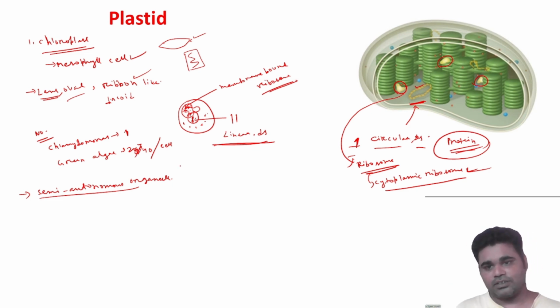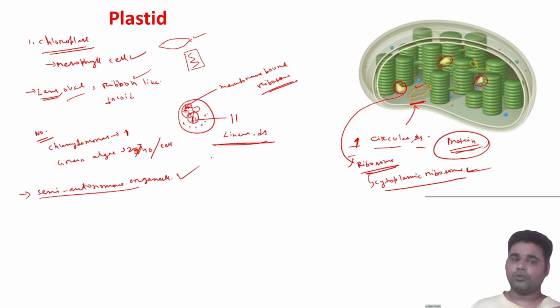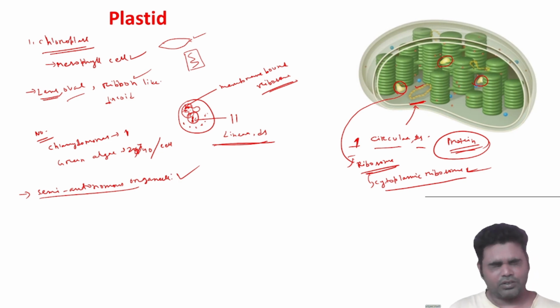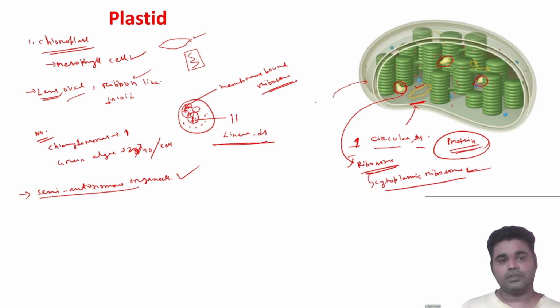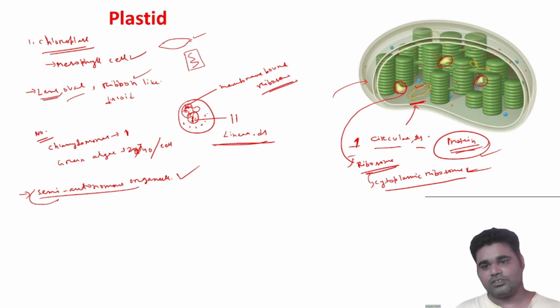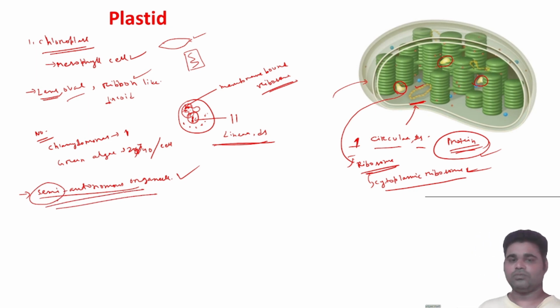That's why it is called a semi-autonomous organelle. But for molecules other than protein, the cell depends upon other organelles. So only for the protein it is independent, and that's why it is called semi-autonomous. Semi means not fully.